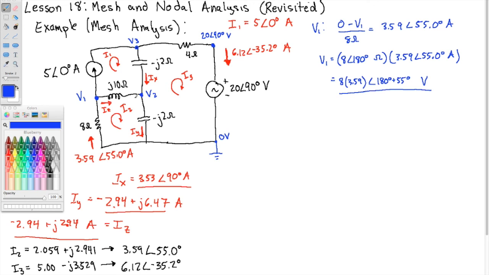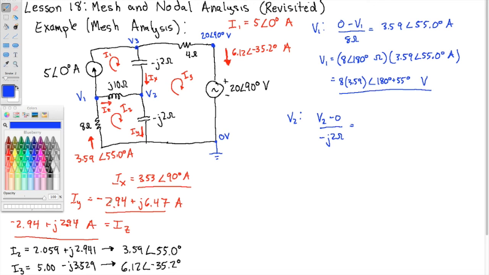Now with V1, we can get V2 if we'd like. There are a couple ways of doing it, because we know this current, IZ, and we also know current IY. Now let's use current IY. We know that IY is going through this impedance of minus J2 ohms. So we can use Ohm's law: V2 minus 0 over the impedance minus J2 ohms equals the current.